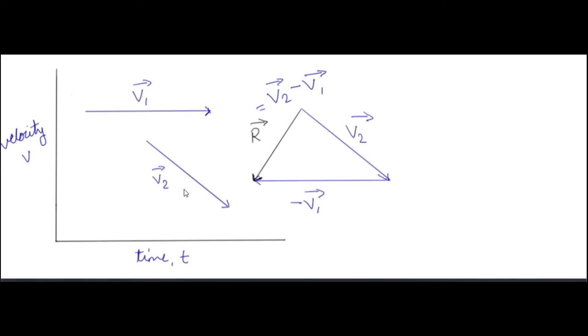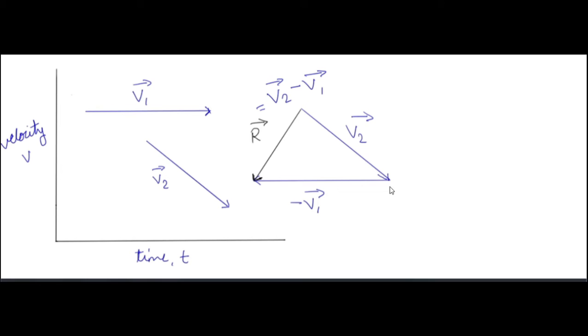By the triangle law of vector addition, we move v2 without changing its direction and magnitude, and minus v1 is opposite to v1. In the opposite direction with the same magnitude.